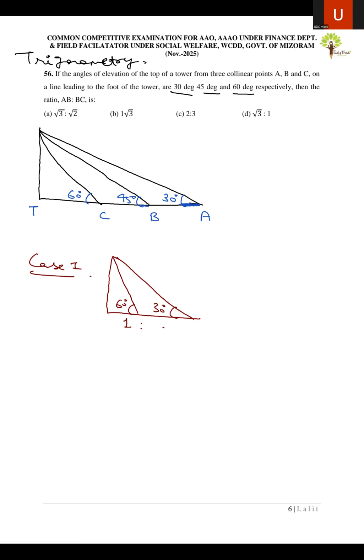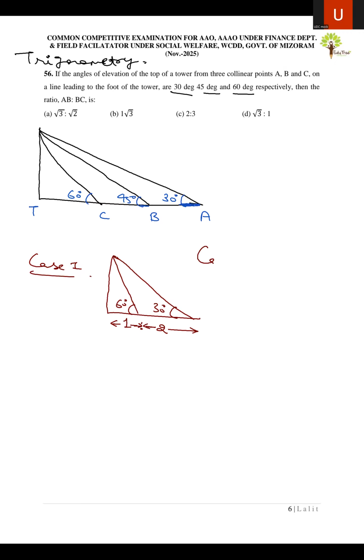That is, this part is 2 and this part is 1. Now, how we got this? It's a whole lot of thing. You have to apply tan 60 here, tan 30 here, and then you will get it. So you don't have to remember this. You just have to remember this thing, that whenever two angles 60 and 30 are given to us, ratio will always be 1:2.